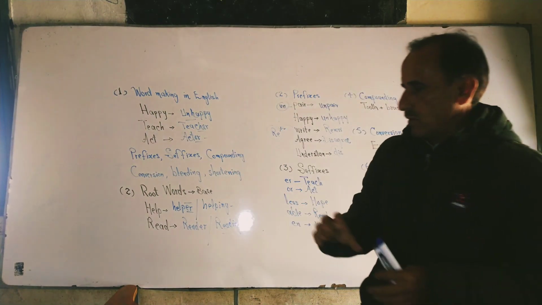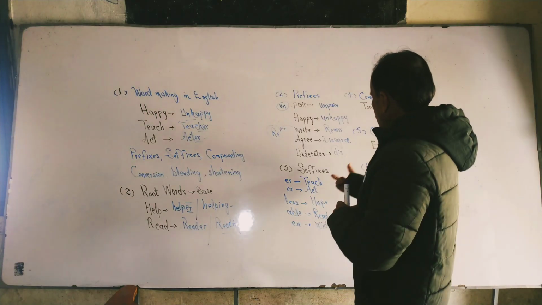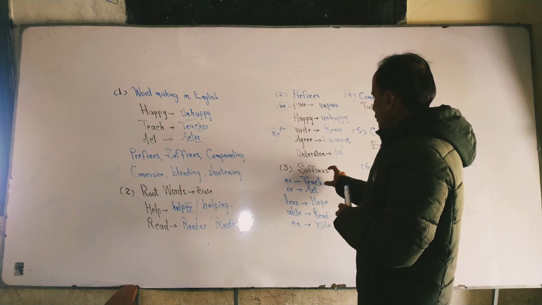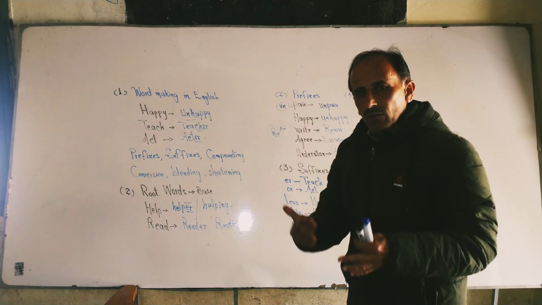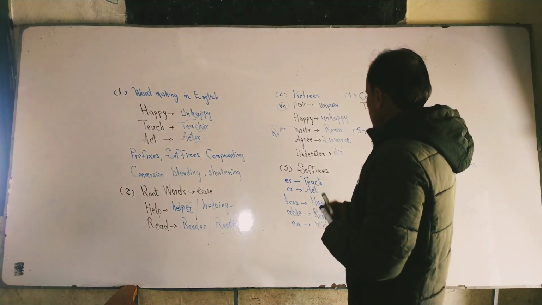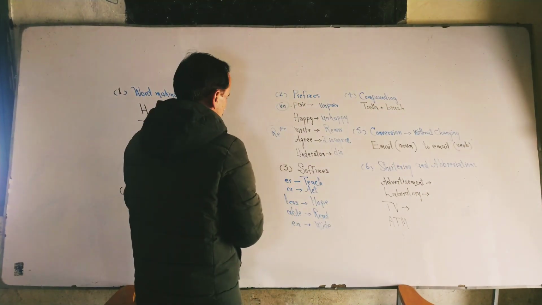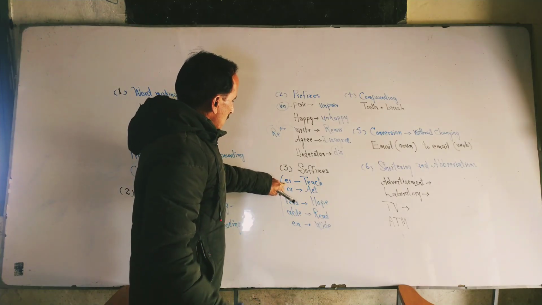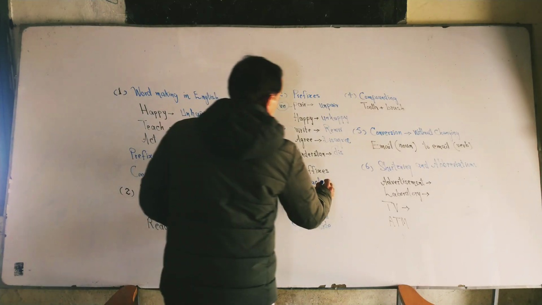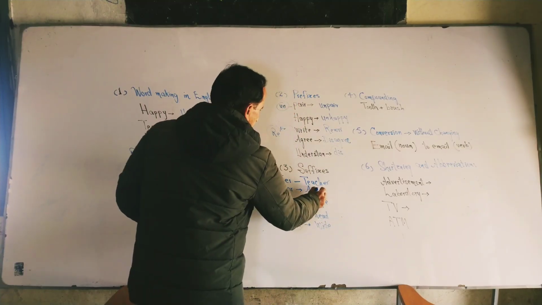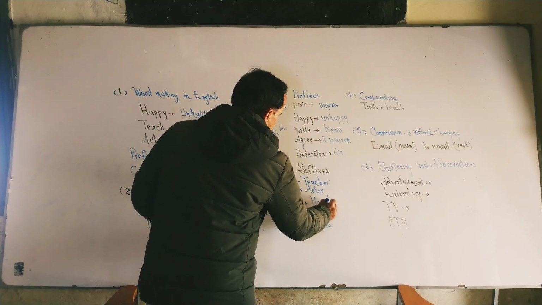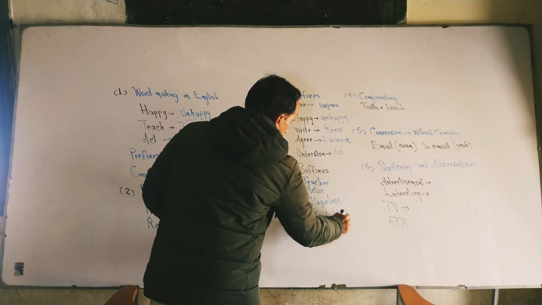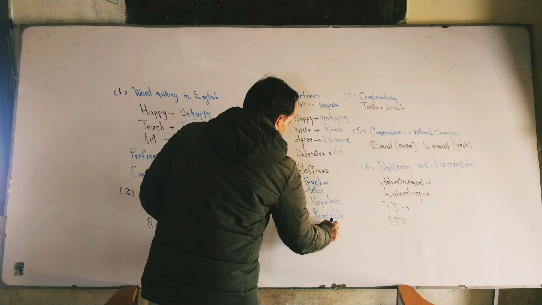So the other one, suffixes. Suffixes are those letters which we add at the end of a word. For example, here are some suffixes. Look here. Teacher, actor, hopeless, readable, widen.